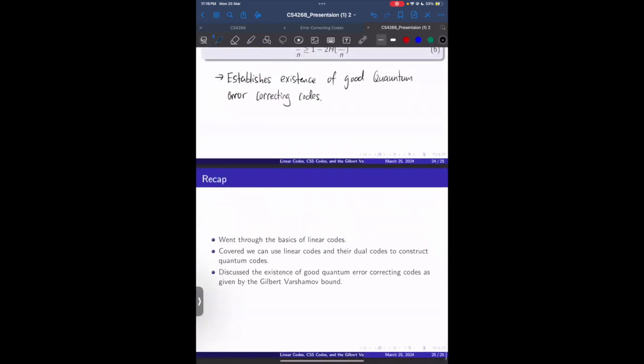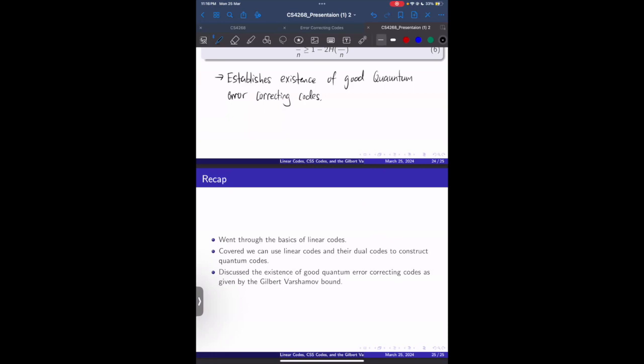So now let's do a recap. What did we do? We went through the basics of linear codes. Namely, if you remember, we talked about Hamming distance and what conditions are needed such that you can correct the errors on a number of bits.